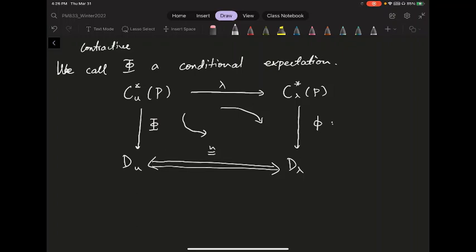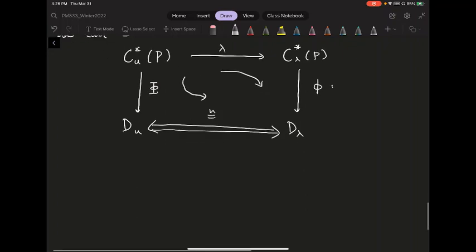So this essentially translates into some faithfulness of this big phi. If your lambda is faithful, then going the upper way, by lambda and then the conditional expectation on your reduced one, which is faithful, translates into the other one. So I want to give the condition. Here's the big theorem we want to prove.